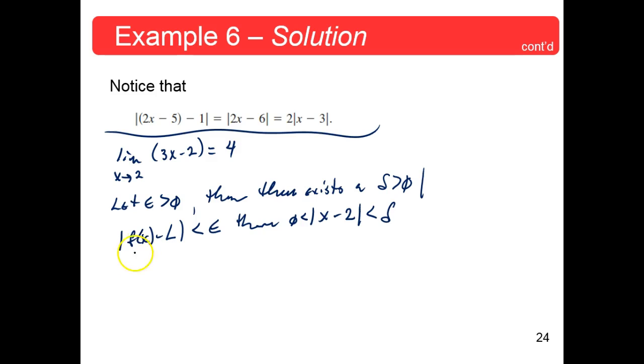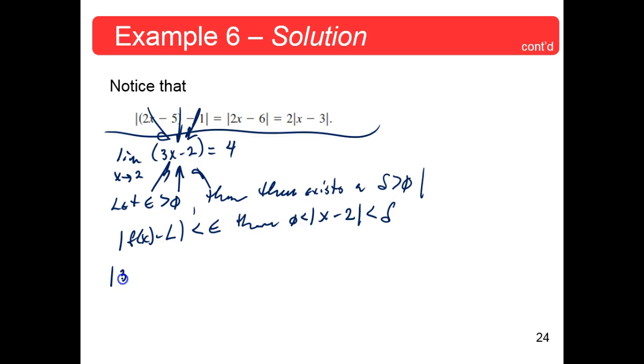So start with this one, absolute value of, what you plug in for f of x? What's your f of x? There's your f of x. 3x minus 2, right?